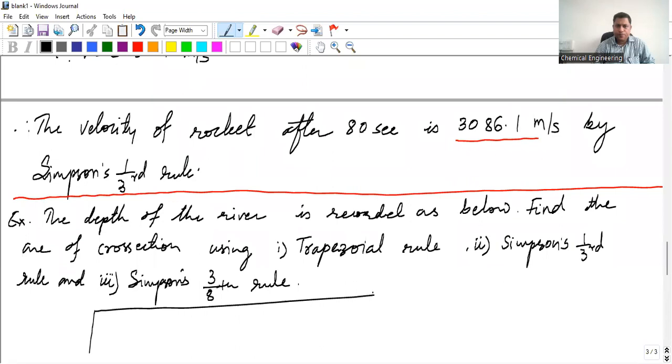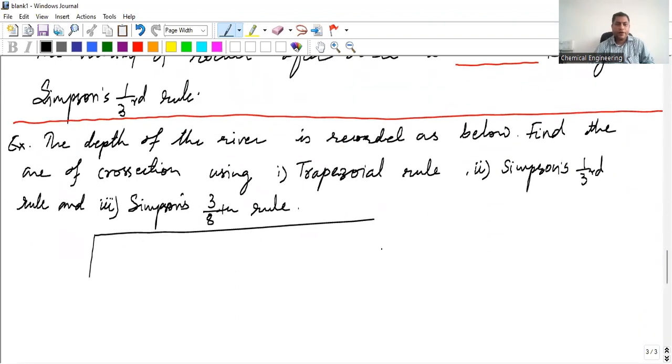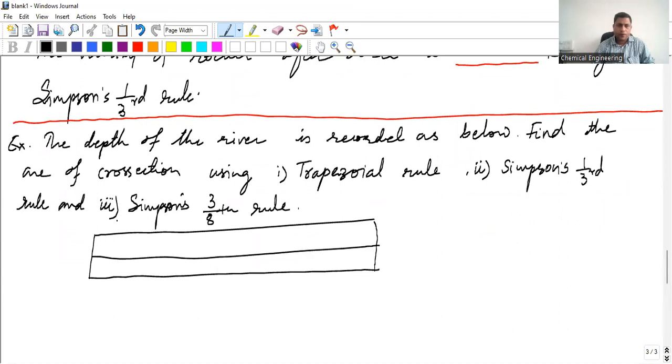So here the data is given: distance from one bank and depth.